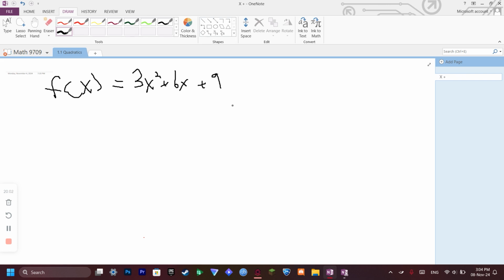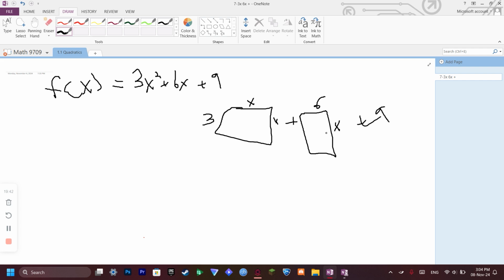Let's see, if this is our function and we want to write this in completed square form, let's try to do the same thing again. It's 3 of these squares, so x and x, plus 6 into x plus just 9.